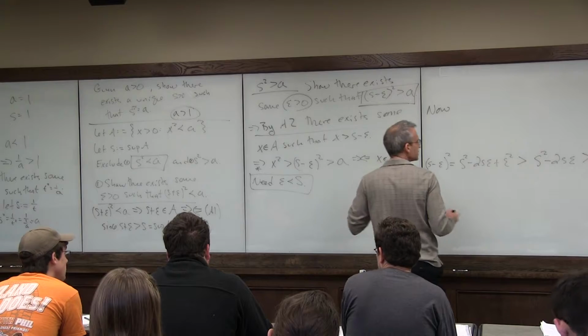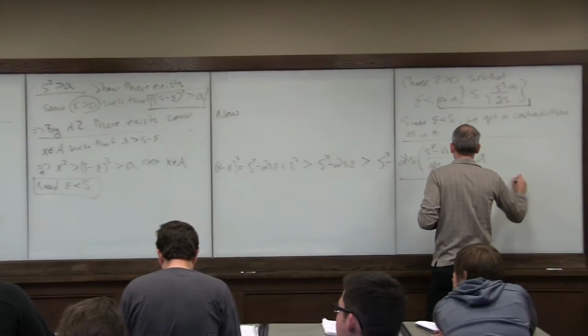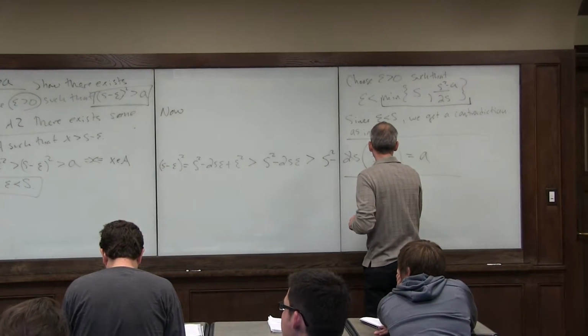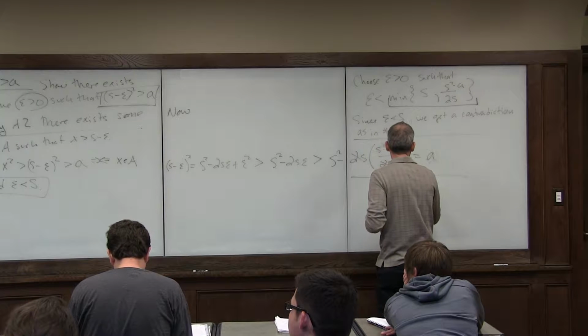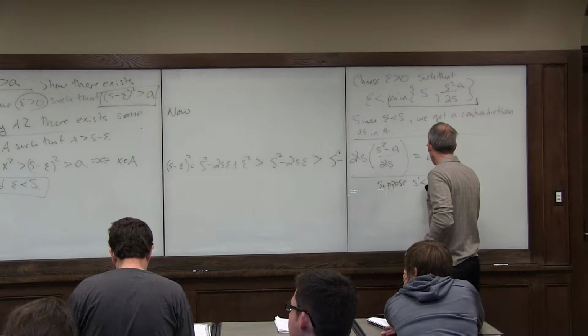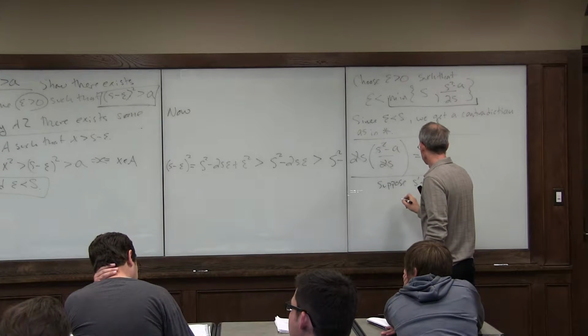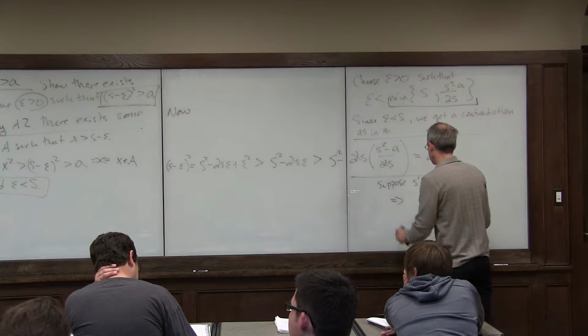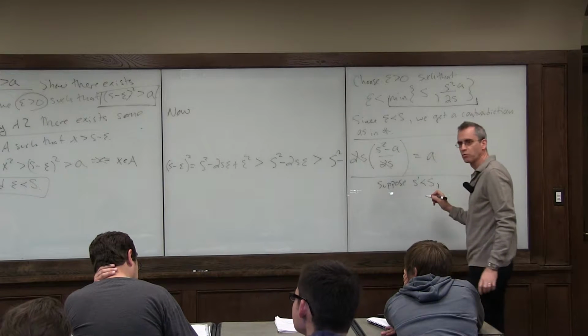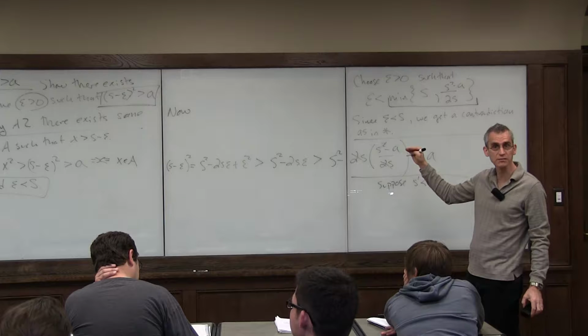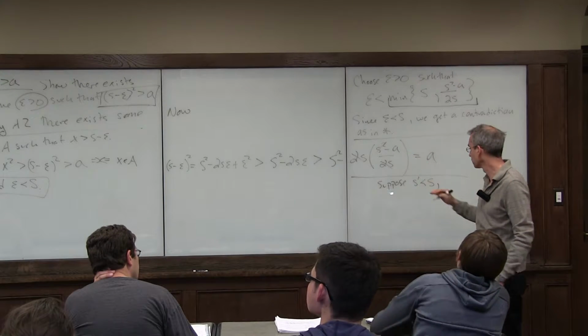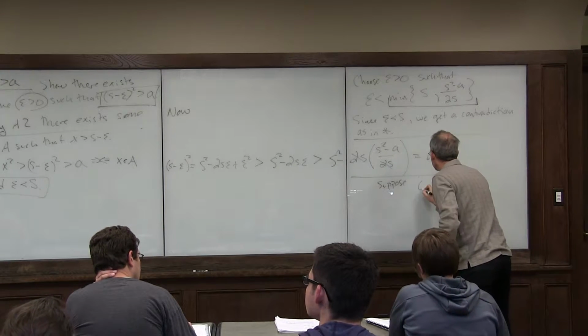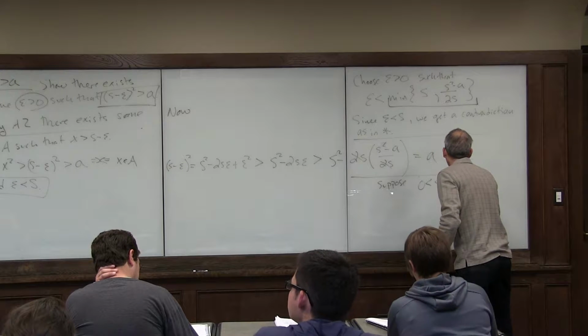And what about uniqueness? Well, let's suppose s prime is less than s. And remember, we also need that s prime is positive. The uniqueness only works when things are positive, all right? So let's suppose we have 0 less than s prime less than s.